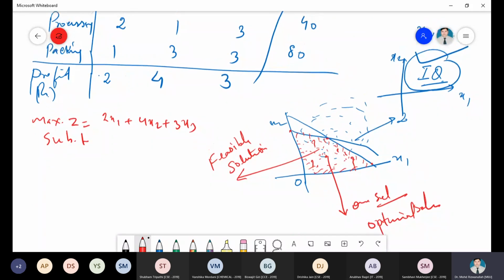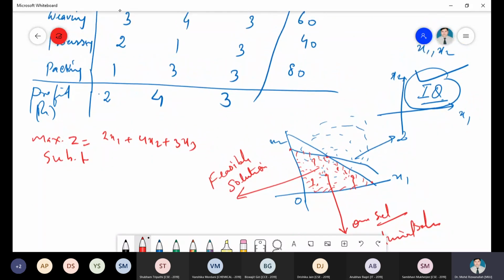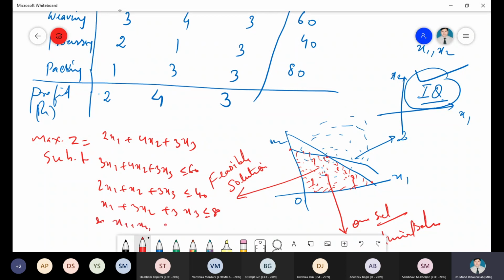This is your LPP: 3x1 + 4x2 + 3x3 ≤ 60, 2x1 + x2 + 3x3 ≤ 40, and x1 + 3x2 + 3x3 ≤ 80, and x1, x2, x3 all ≥ 0. So this is your LPP.